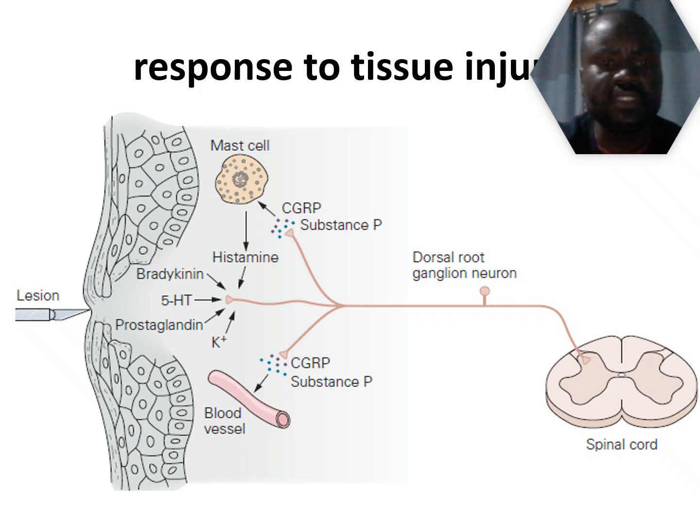All these stimulating the free nerve endings will cause impulses in the first order neuron that will increase transmission of pain signals to the central nervous system. So this is how pain signals are generated after tissue injury. Kinins, histamine, all these chemicals are considered pain mediators.